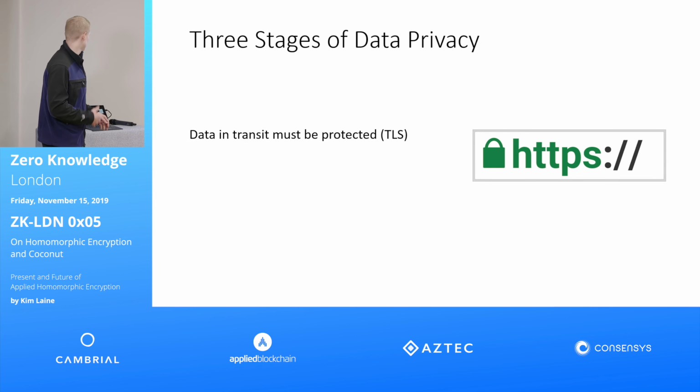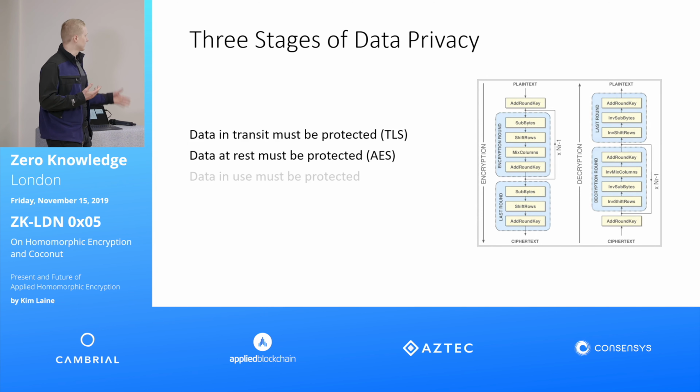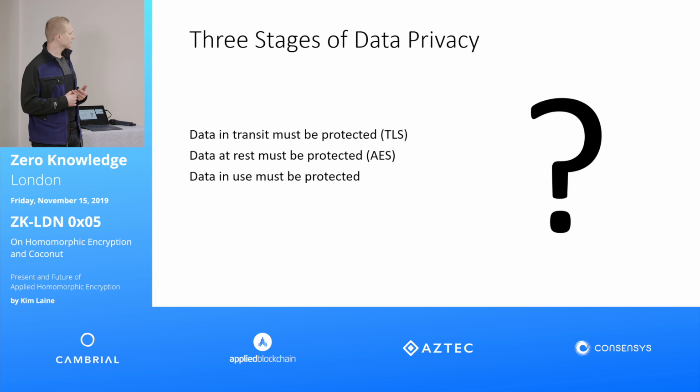This is very easy. Just use TLS. When you're storing data long term, you can use AES, and it's very well known. But then once data is in use, somehow it should also be protected.